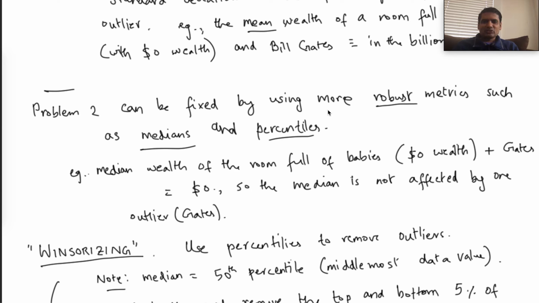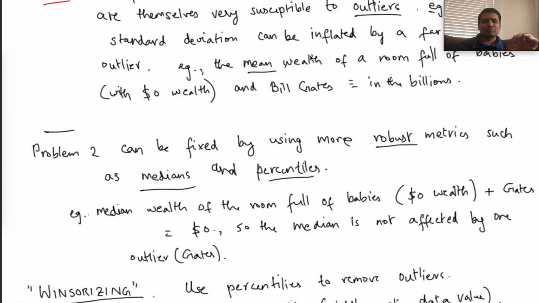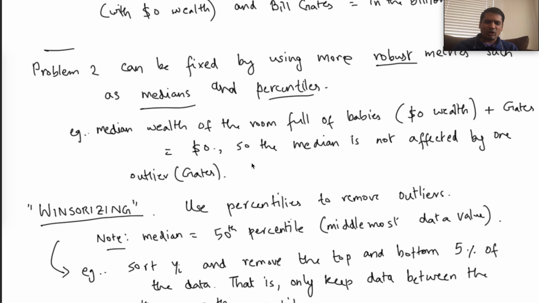Okay, so we use those kinds of quantities. And notice that the median, for instance, is robust to someone like Bill Gates entering the room, right? So if you have 10 people and let's say they all have some average wealth, and Bill Gates comes into the room, the median will not change because the middlemost value of the wealth in the room will not have changed at all, or will change very little.